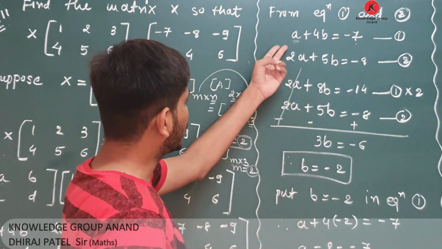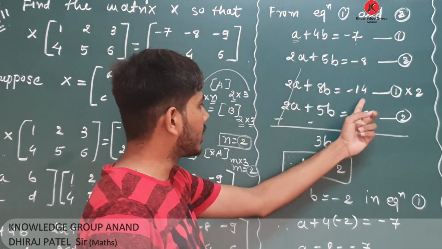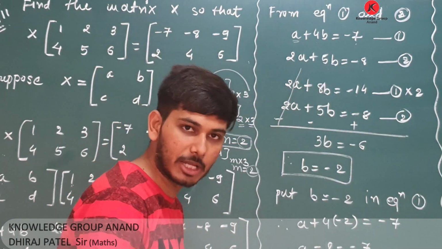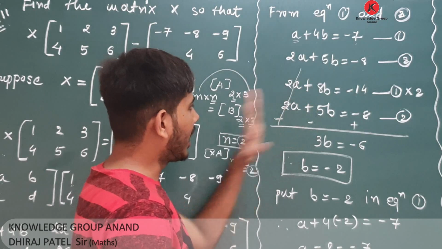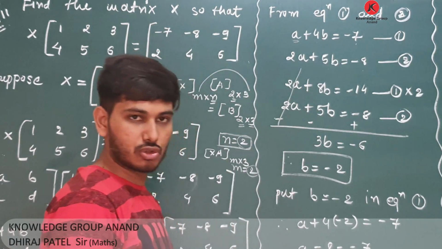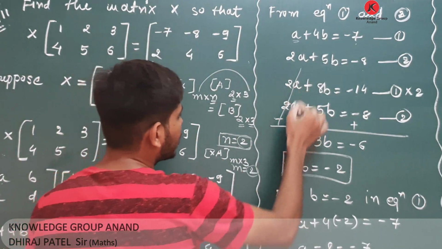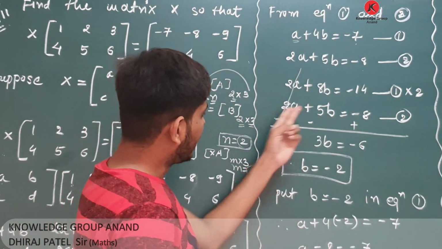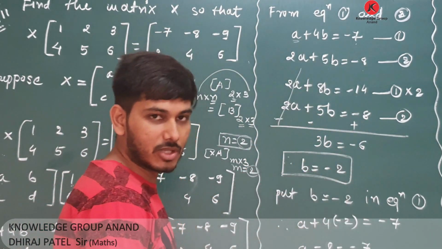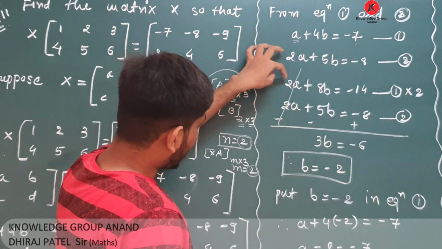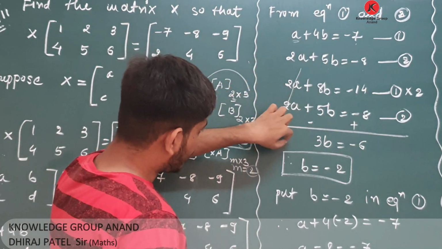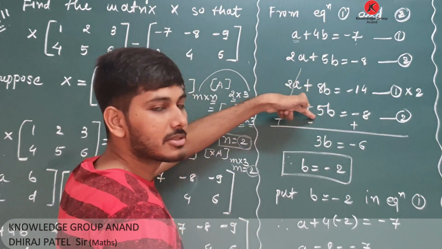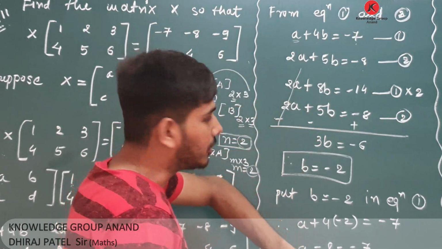Therefore, we get 2a plus 8b equals minus 14. The second equation stays as it is, 2a plus 5b equals minus 8. Now subtract these two equations, reversing the sign. 2a minus 2a equals 0, and 8b minus 5b equals 3b.